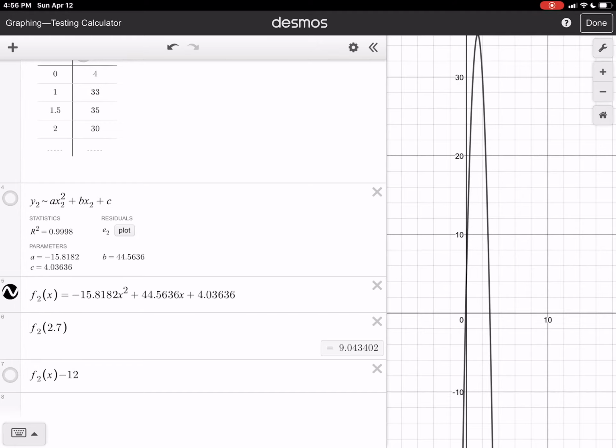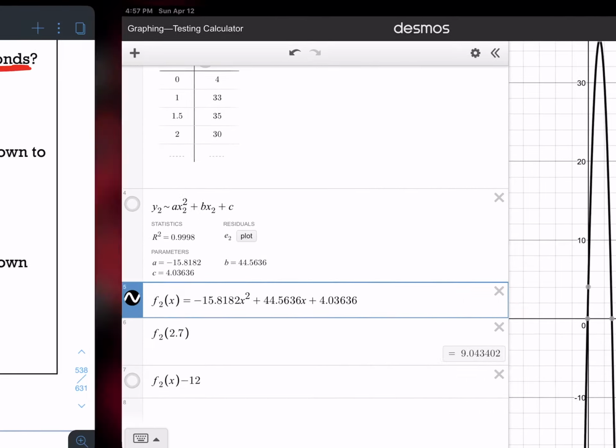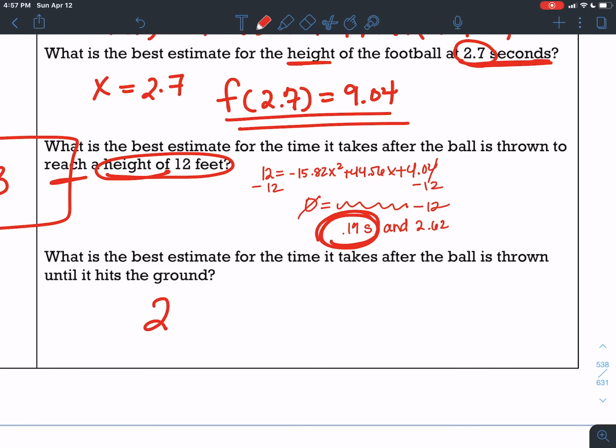So I'm looking for its x-intercept, and it looks like it's approximately 2.9 seconds. Because again, my football started here, it went up, and then it came down, and it hit the ground right there, 2.9. So again, all this is just interpreting data.